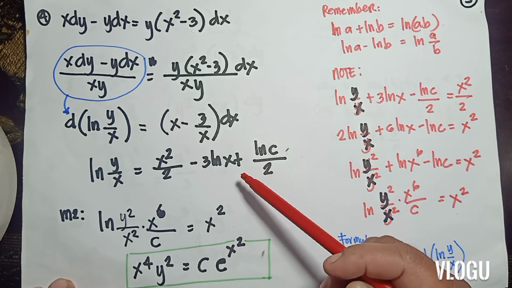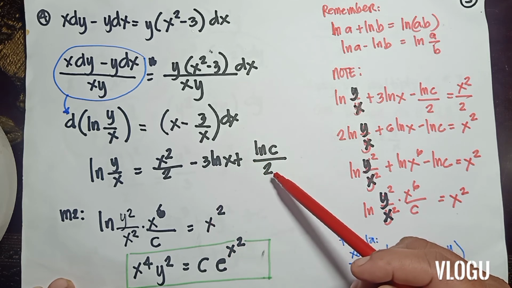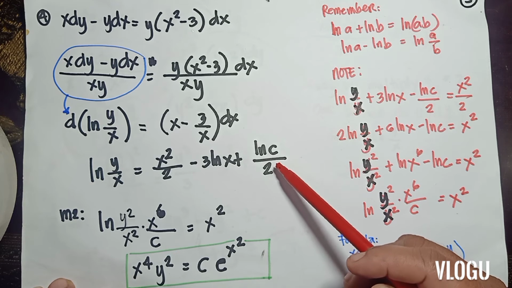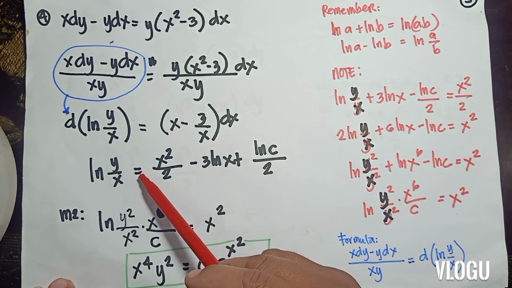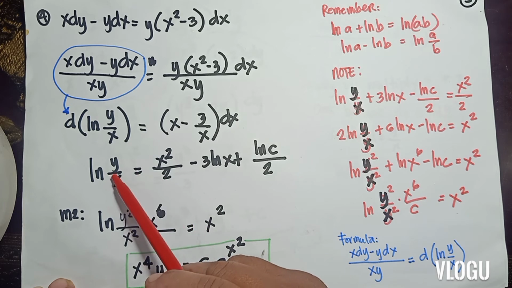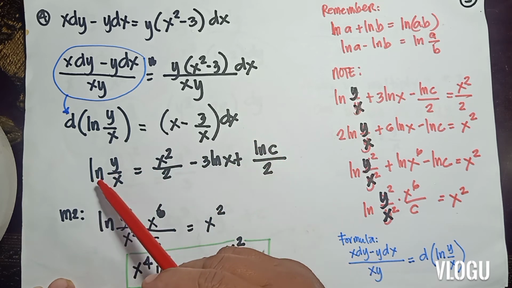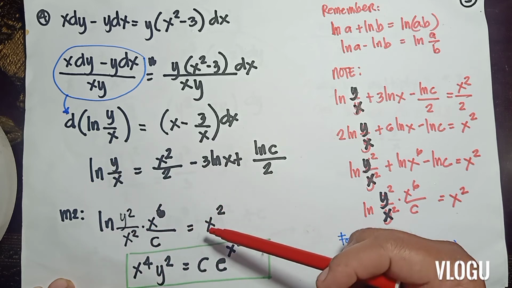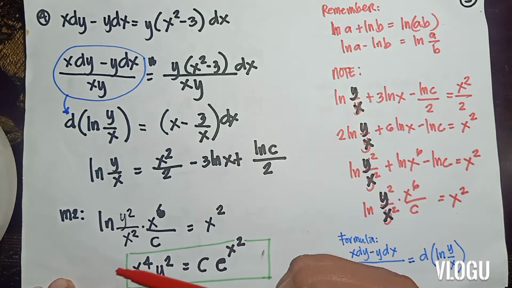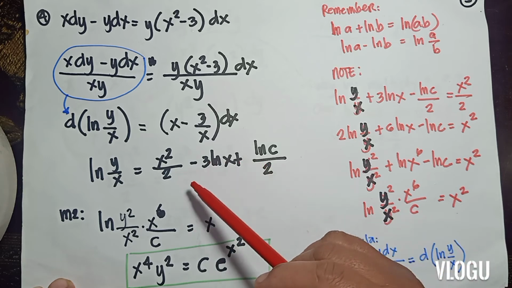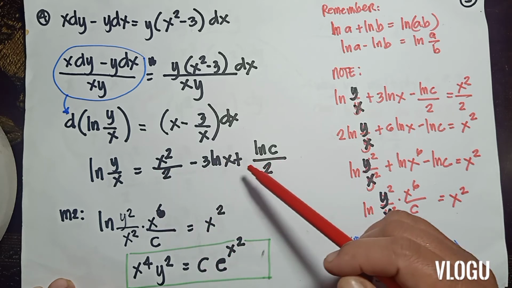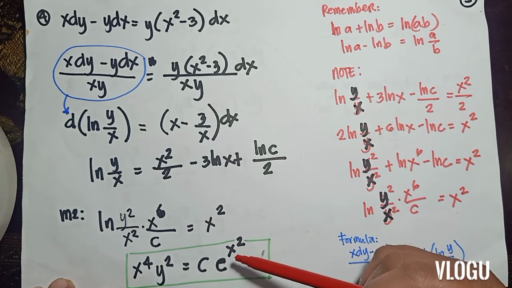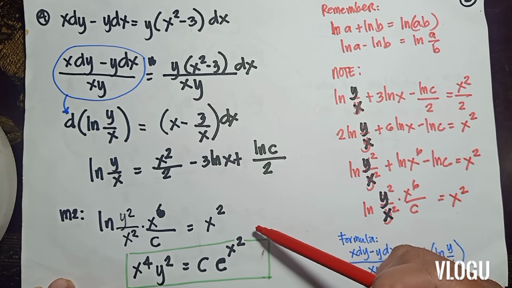You will ask, ma'am, where is now the over 2? If you have LCD of 2, because you have an equal sign here, you can transpose everything to the other side, then that's equal to 0, and your denominator multiplied by 0 will be equal to 0. So your 2 will be canceled out. That's the reason you don't have 2 anymore.